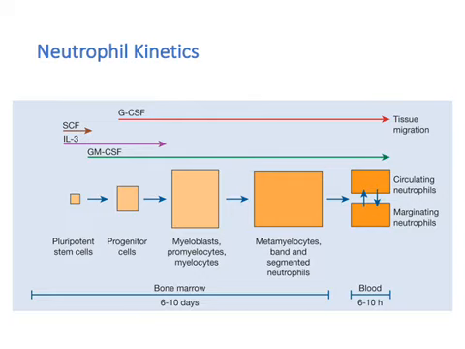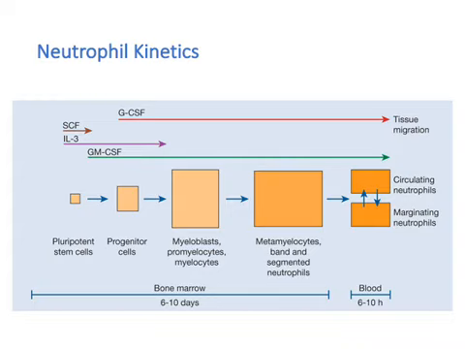Now, most of the neutrophils actually are found in the bone marrow. We will find several groups of granulocytes. So you have your pluripotent progenitor cells, the myeloblasts, the promyelocytes, the myelocytes, the metamyelocytes, and the segmented neutrophil.